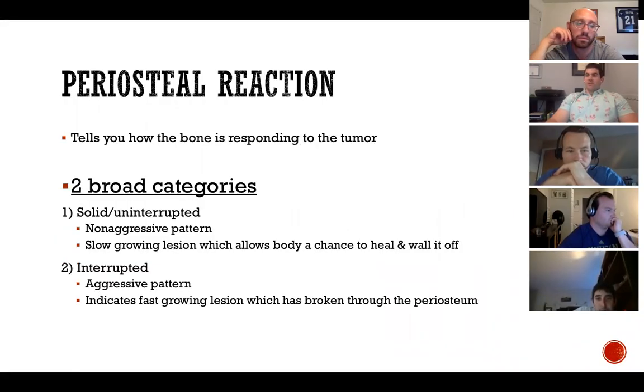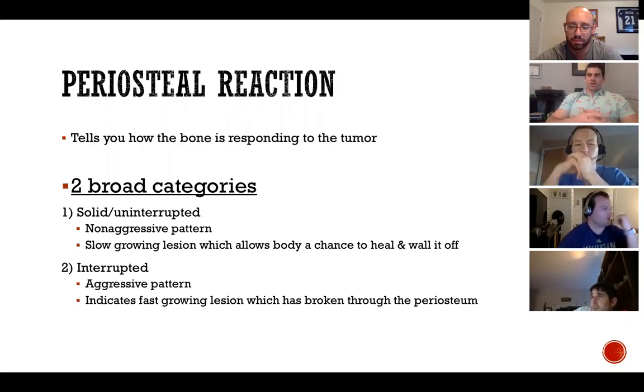Periosteal reaction, again, how is the bone responding to the tumor? So is it solid uninterrupted? Is it interrupted? When we talked about this, the native bone is trying to wall off this lesion in this solid and uninterrupted pattern.